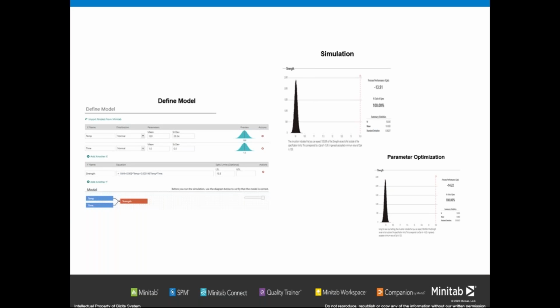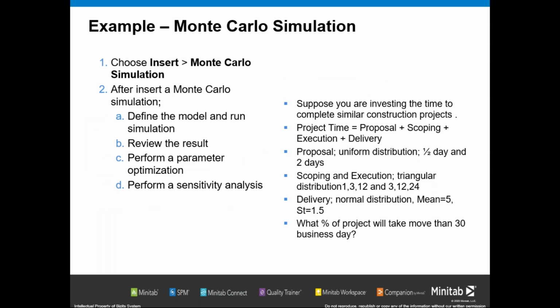So this is an example of the output if you're using the Monte Carlo simulation. I will show one case study here. I'm supposed to investigate the time to complete a similar construction project, where my model is project time equals proposal plus scoping plus execution plus delivery.